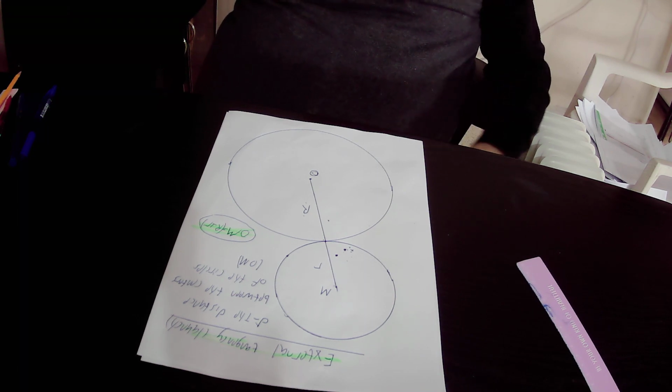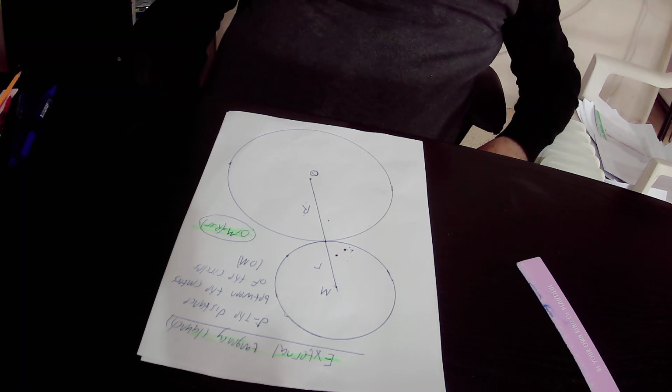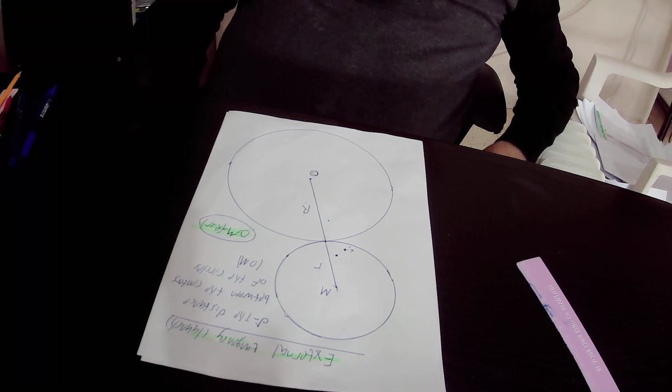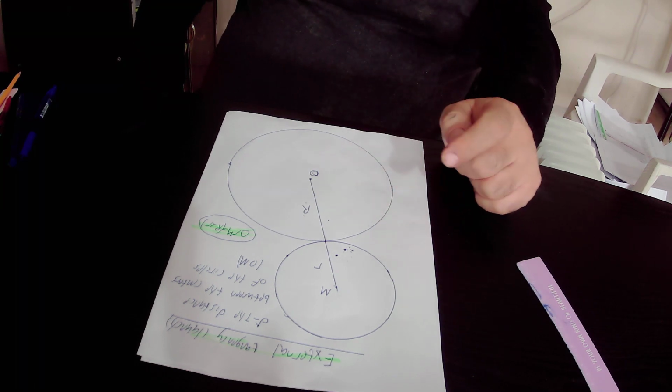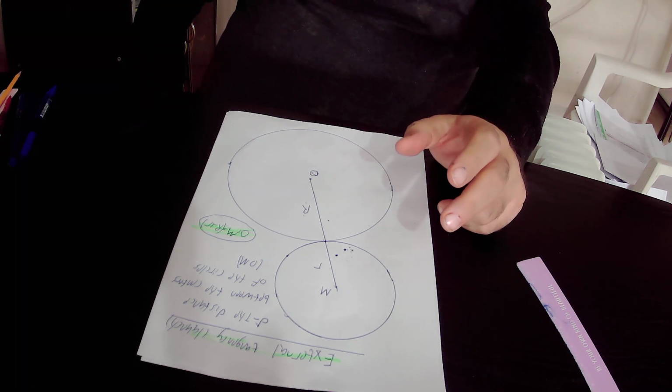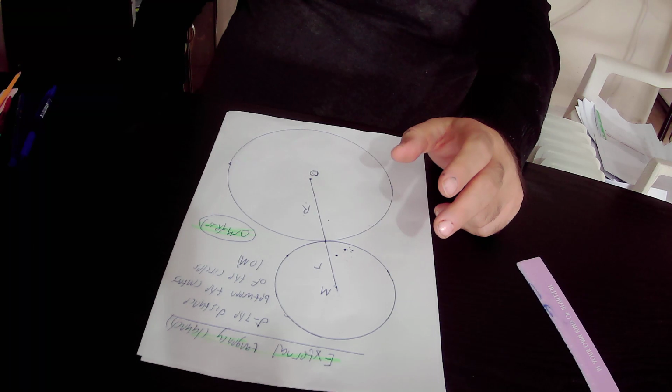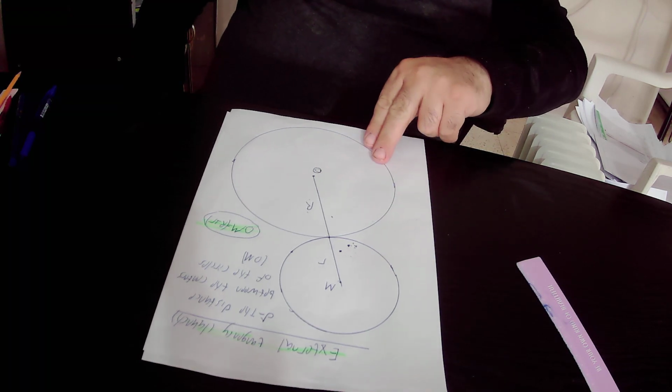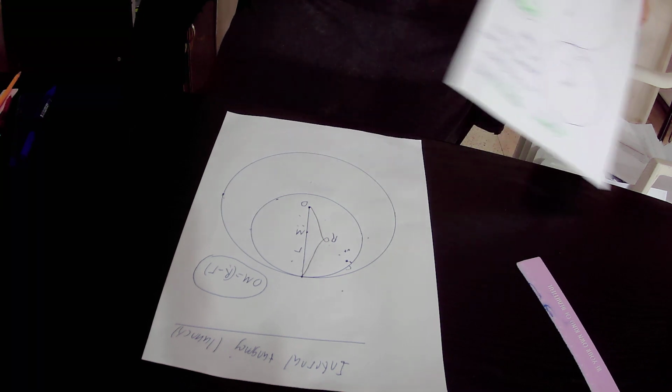So whenever you have an external tangency between two circles, that is to say when the two circles are touching each other externally, then the distance between their centers will be equal to the sum of the lengths of their radii. In this case, it is equal to capital R plus small r. So the external tangency is the first type of tangency between two circles, and we have also another type, that is the internal tangency.